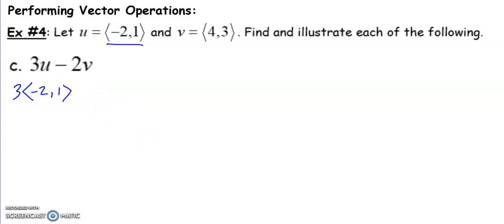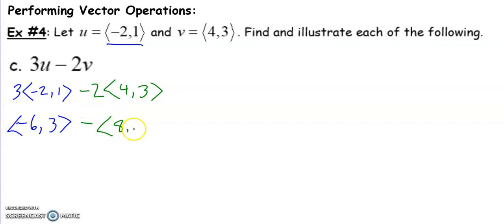And then we're going to do -2 times the vector 4, 3, and we're going to combine our results. So in this first vector, I am getting -6, 3. And I am going to subtract, I'm going to keep the minus on the outside for a minute. We're going to subtract 8, 6.